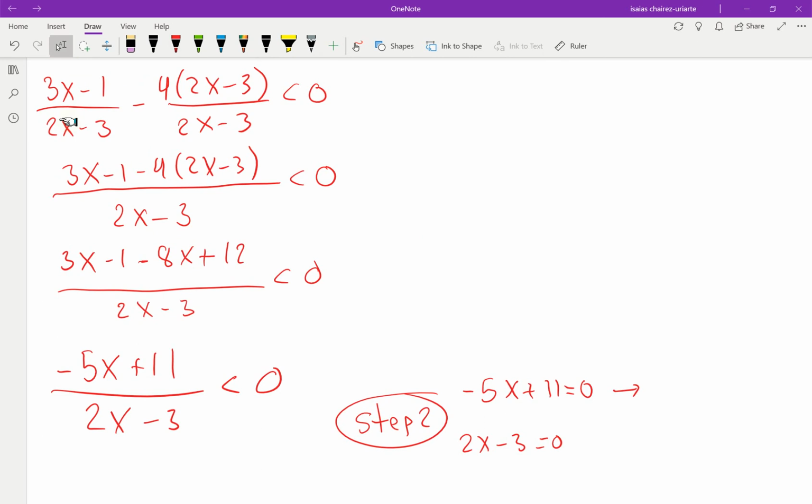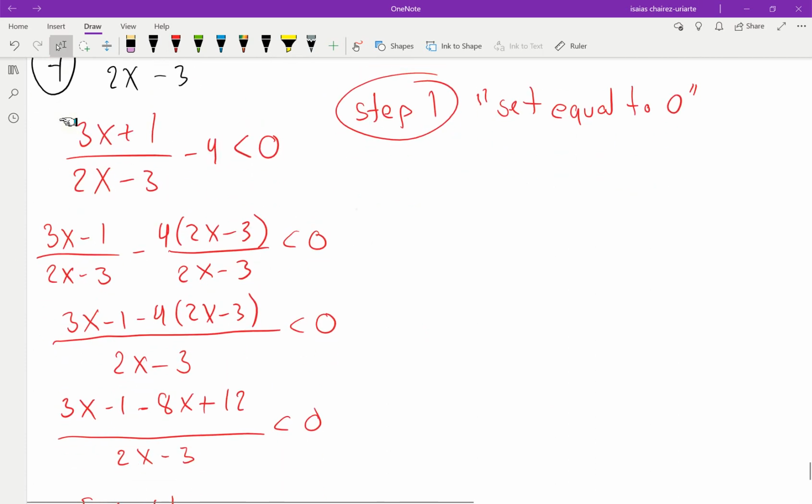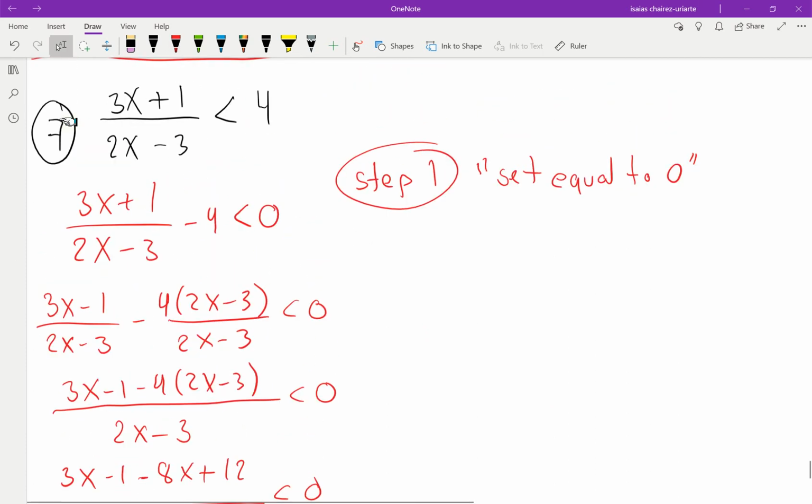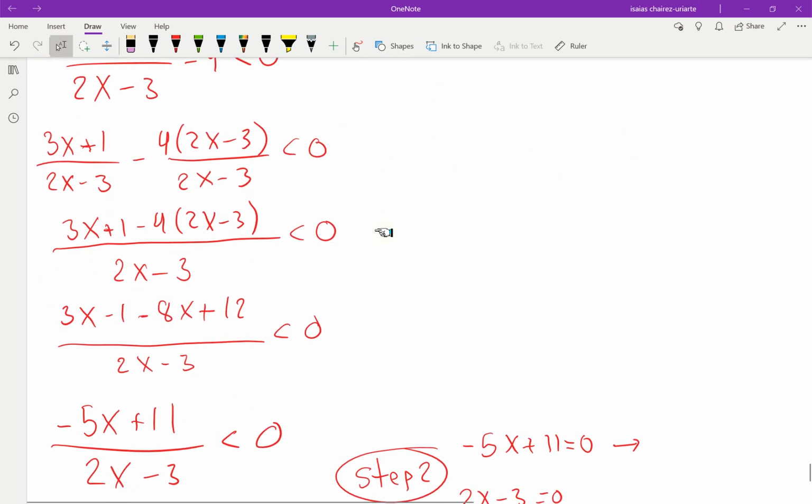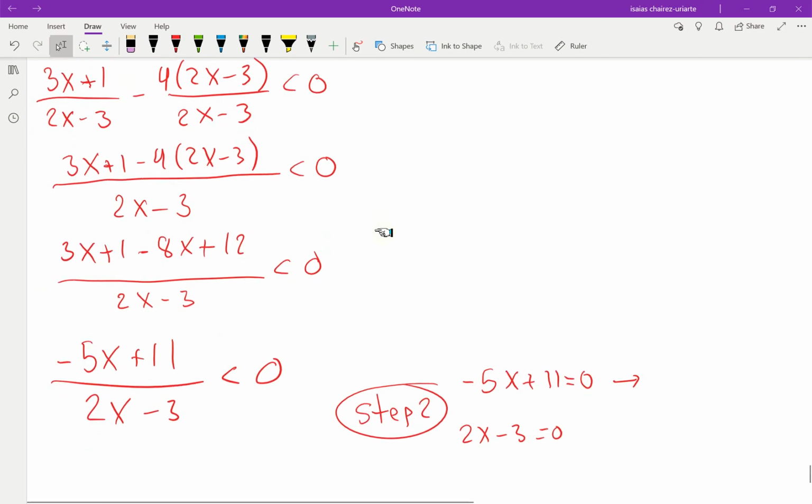There is an arithmetic mistake somewhere along the way. I just noticed. You see, I started with 3x plus 1, and for some reason I changed it to 3x minus 1 down here. So let me be careful with my arithmetic. So that should be a plus, that should be a plus, this is a plus, and so then I'm a little bit off here.